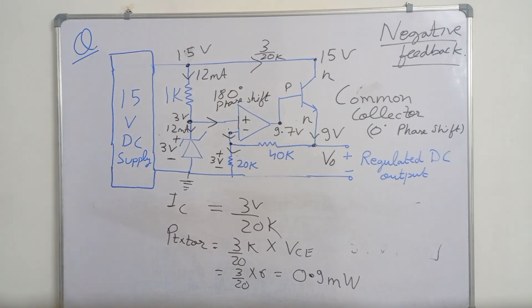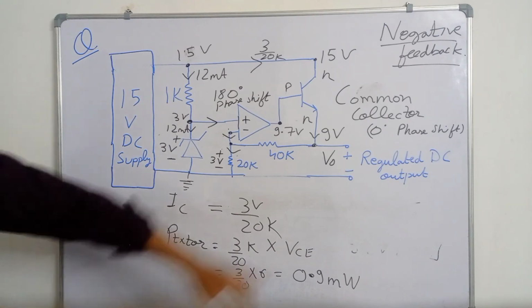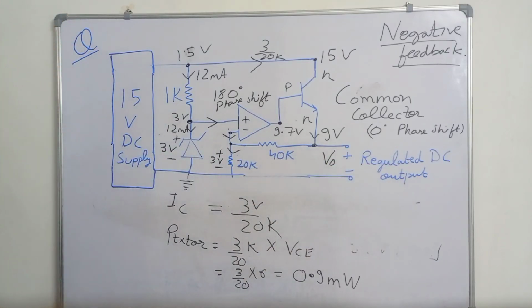So we have analyzed the complete circuit. Only the regulated output was asked, that is, we were asked the value of the output voltage, but we have analyzed the complete circuit. So it helps in our preparation for the GATE exam.